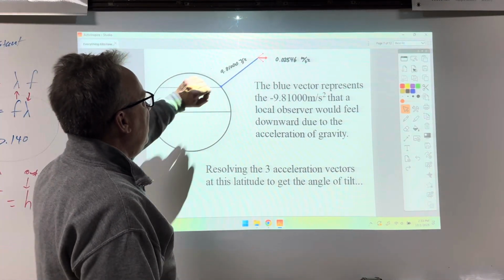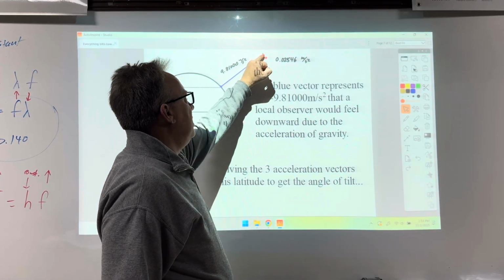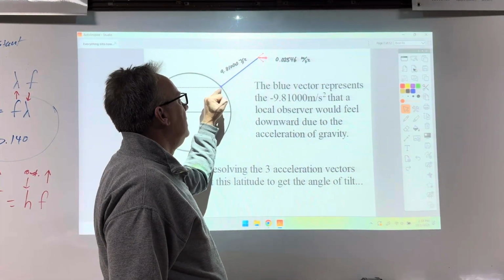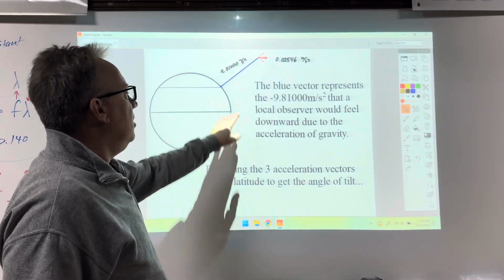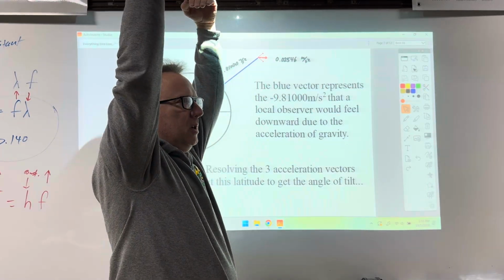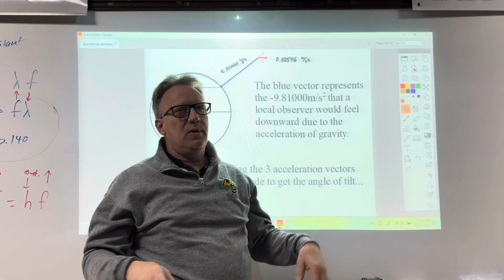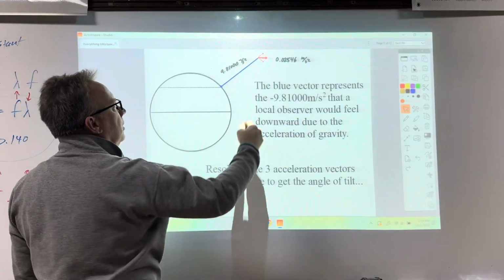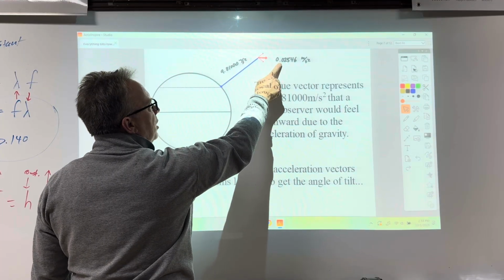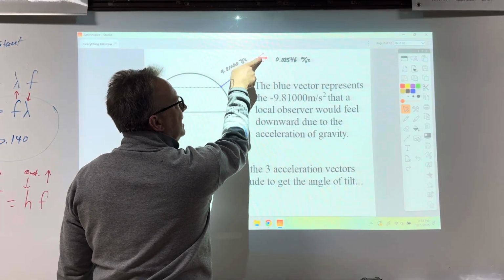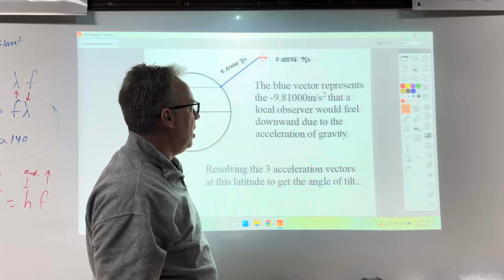And if I take that vector and resolve it, where this is up and down locally here, it has a component this way and a component that way. So if we say our acceleration where we're at here at 41 degrees is straight down, spherical Earth, sorry flat earthers, you have to go somewhere else, 9.81000 meters per second squared down. This is 0.02546 at this angle, with a component up that's smaller and a component towards the equator that's smaller.